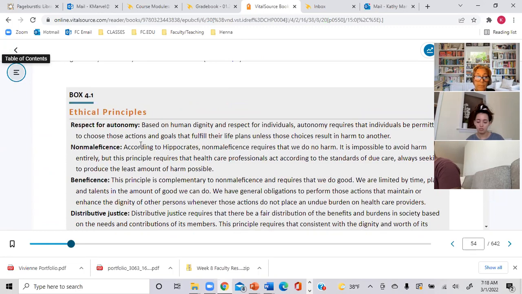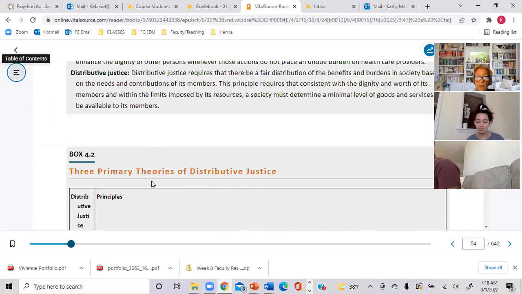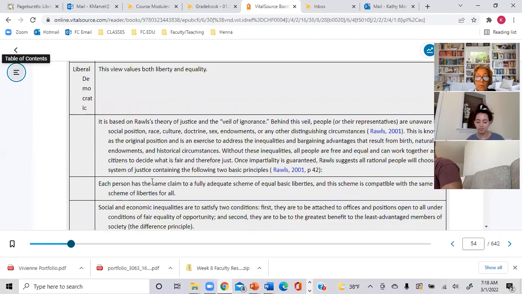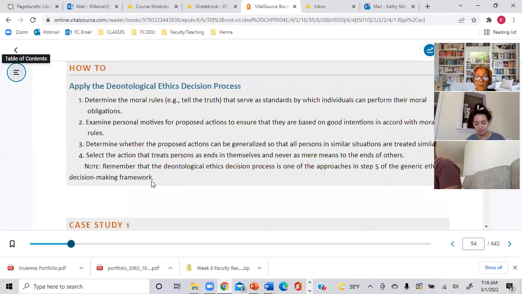There's 4 of them: respect for autonomy, non-malfeasance, beneficence, and distributive justice. So we need to know your ethical principles and your ethical theories related to ethical decision-making in nursing.